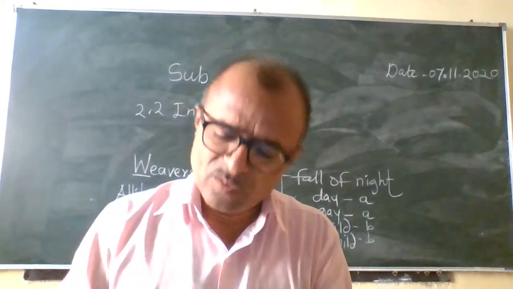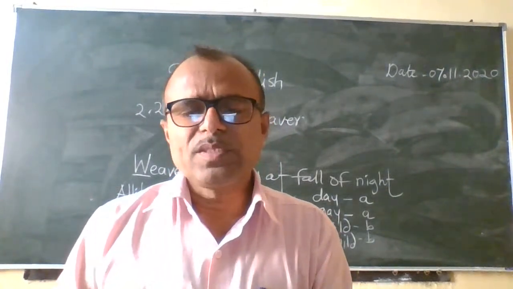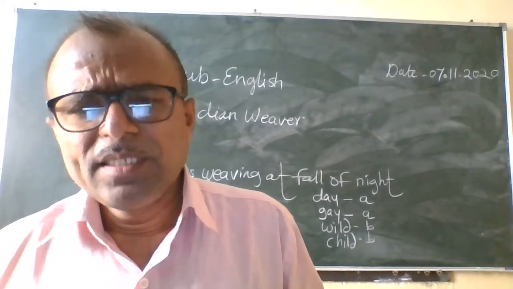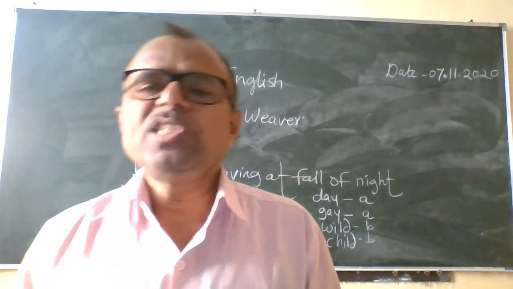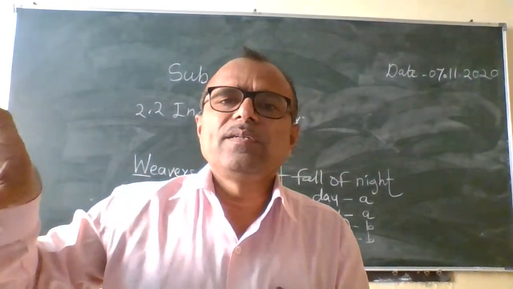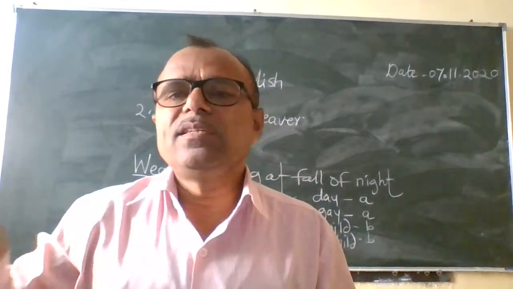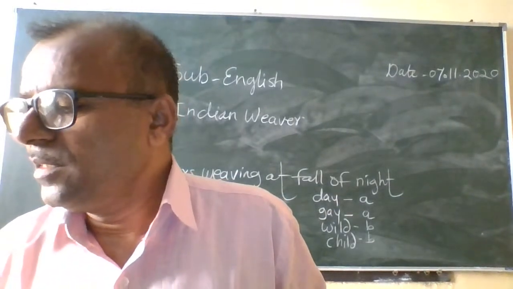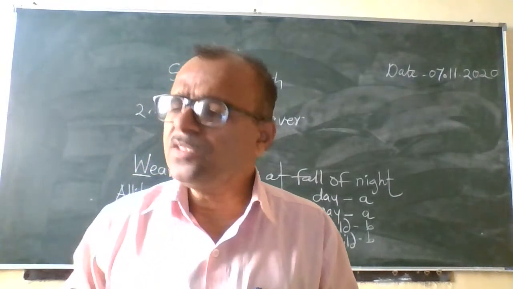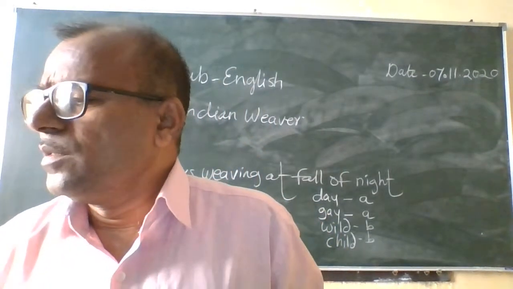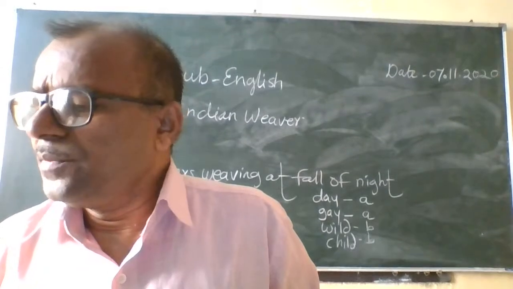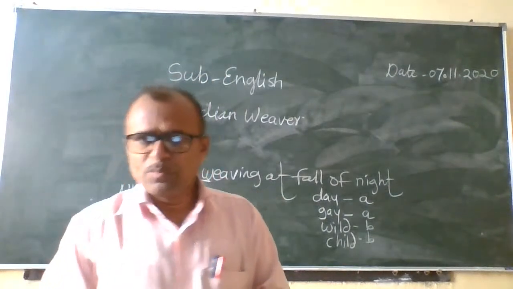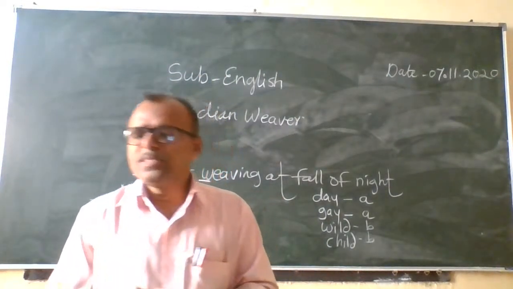So the rhyming scheme also comes under the figure of speech. It is also responsible for increasing the effectiveness and beauty of the language. So in this way, friends, the poem is a very short poem. We learned what a figure of speech is and what the purposes of figure of speech are. There are two purposes.